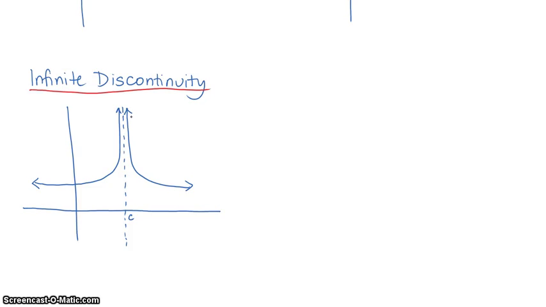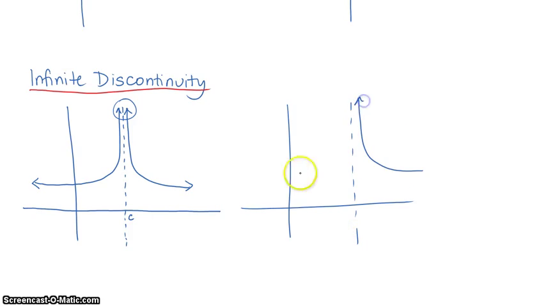Now, one thing about infinite discontinuity is it's not just if the limit is going up to there, it's also if you have, let's just say I have an asymptote and one side of it goes to, and let's just say it stops right here. It's still discontinuous. Your f of c exists here at this particular point on the asymptote, but this graph is going to infinity, so it's never ever going to join up.